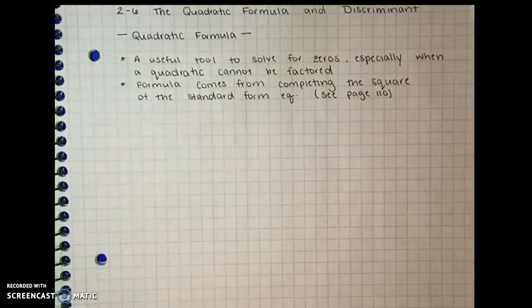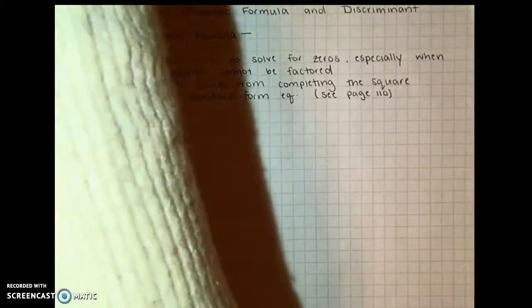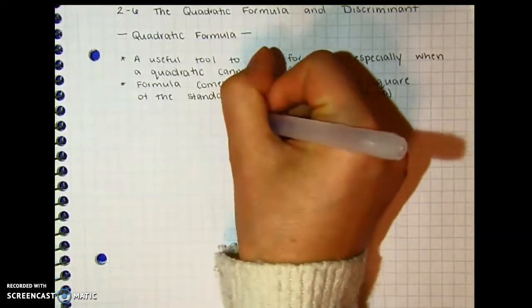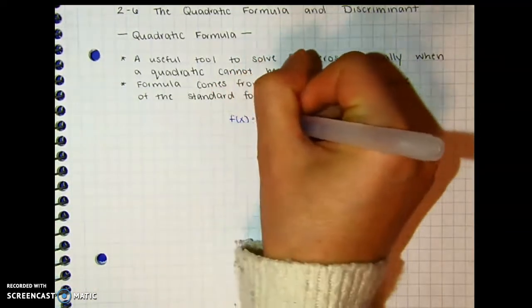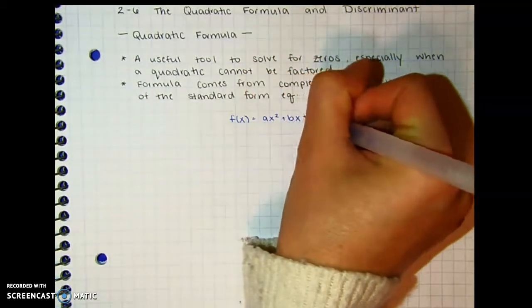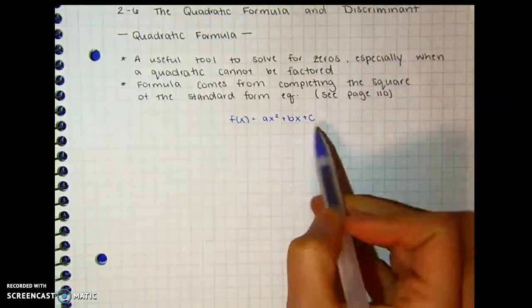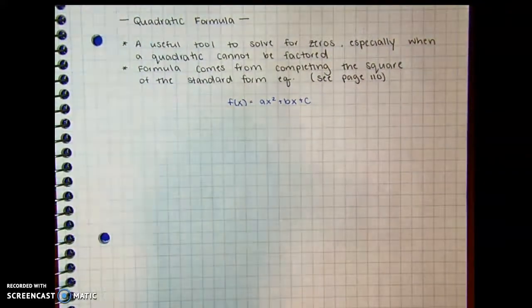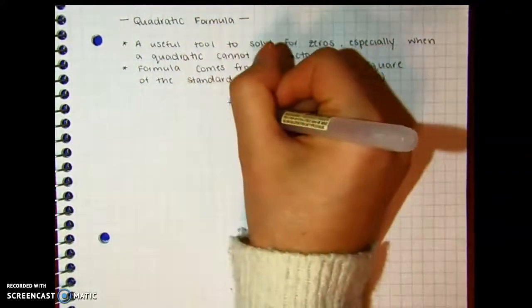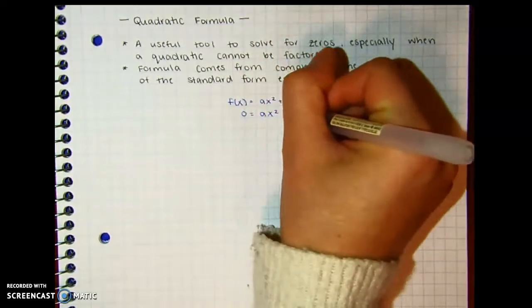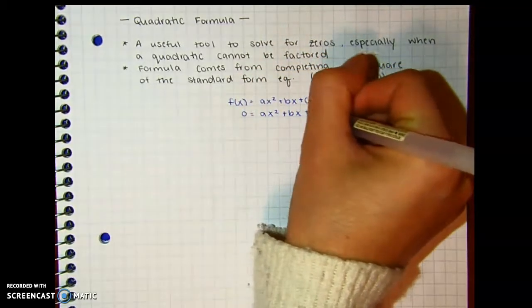So, given f of x equals ax squared plus bx plus c, if you're given a quadratic and you want to solve it, the first thing you always do is set it equal to 0. So you would say 0 equals ax squared plus bx plus c.